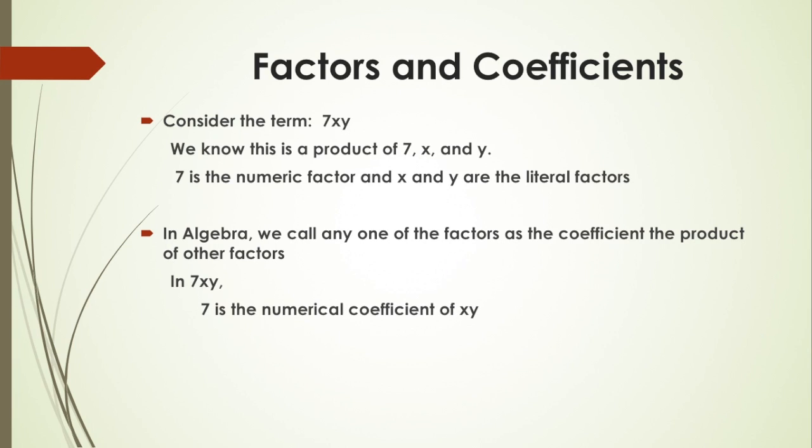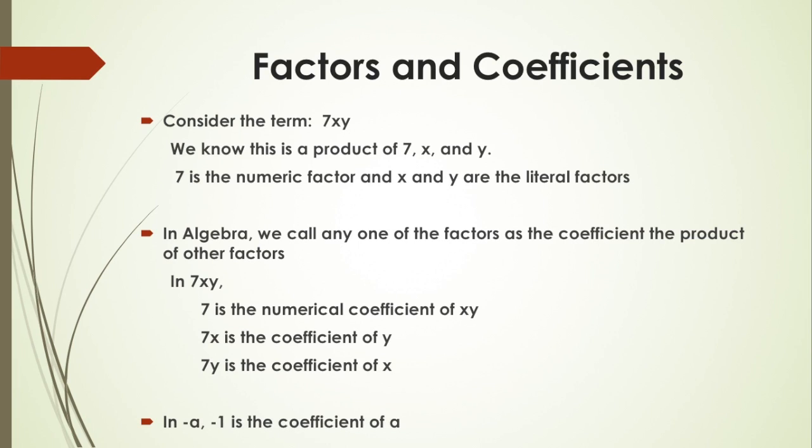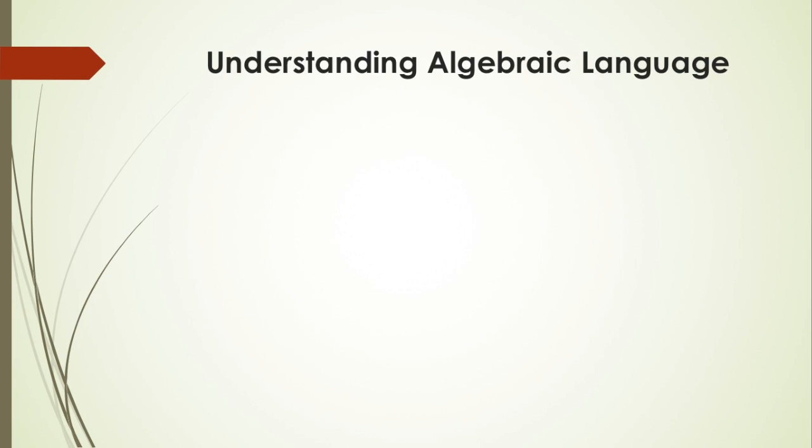In 7xy, 7 is the numerical coefficient of xy. 7x is the coefficient of y, and 7y is the coefficient of x. In negative a, negative 1 is the coefficient of a. We don't write negative 1a, we just write negative a.